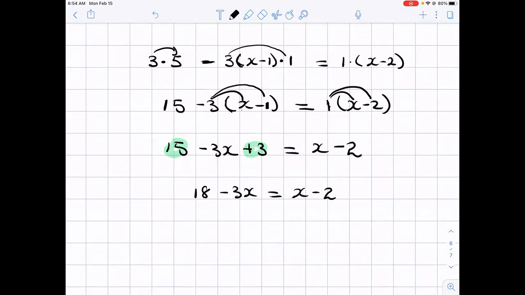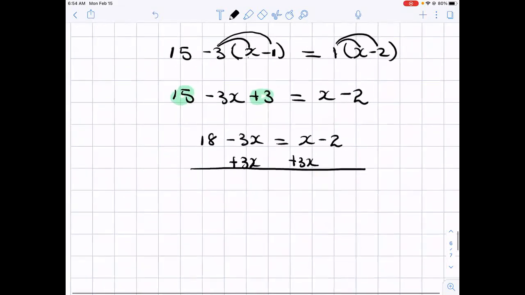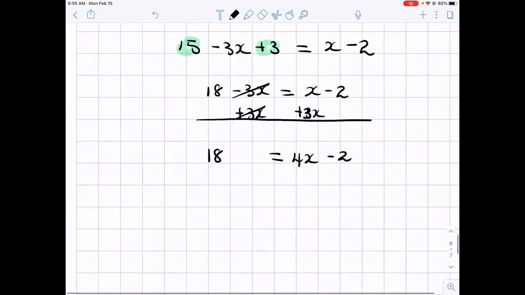And now I can solve for x. I always like to move the smaller x first, so I always end up with a positive x value and I don't have to divide by a negative. So minus 3x and the plus 3x is 0, and x plus 3x becomes 4x minus 2. Notice my x is positive here.